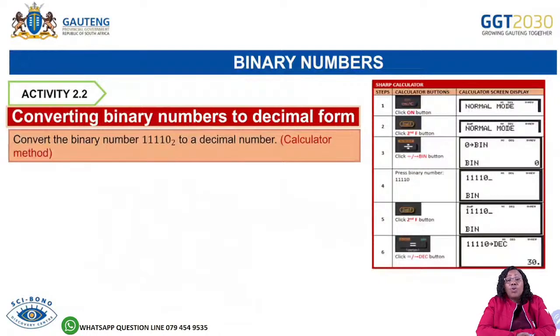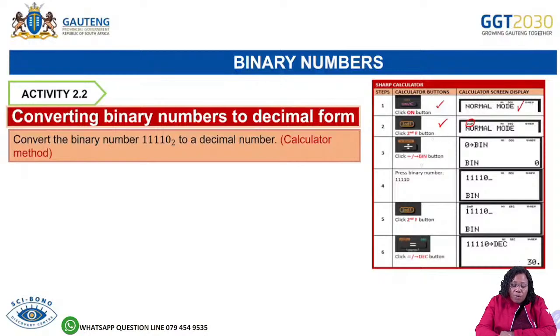You can also use your calculator to find the decimal value for this particular binary. You put your calculator on mode, then it will show the normal mode on the screen. Then press second function, it must show a second function indicator on top to show that you are on second function mode.